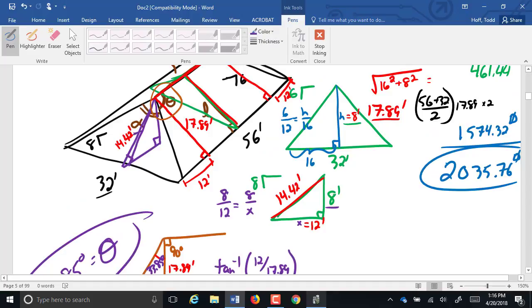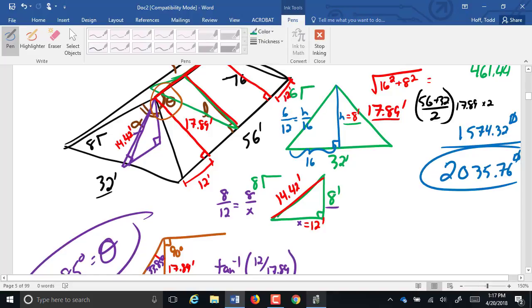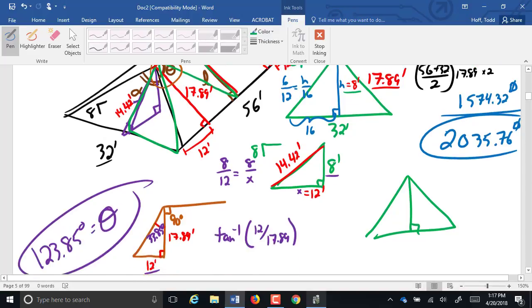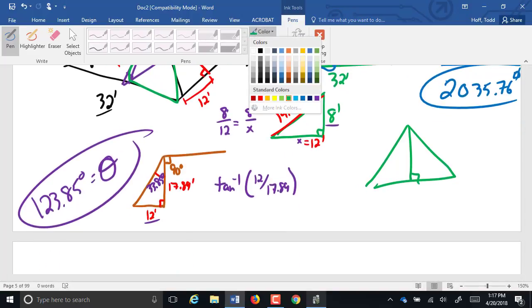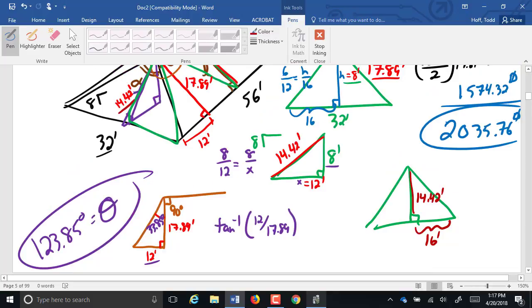Now let's look over here at alpha. Alpha is going to be found off of that triangle. Because I know that this side of the triangle is half the 32, that's 16, and that slope is 14.42, right? Right there.